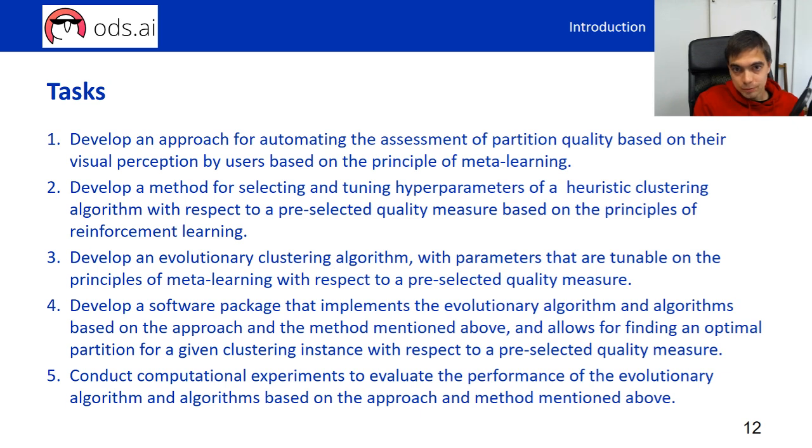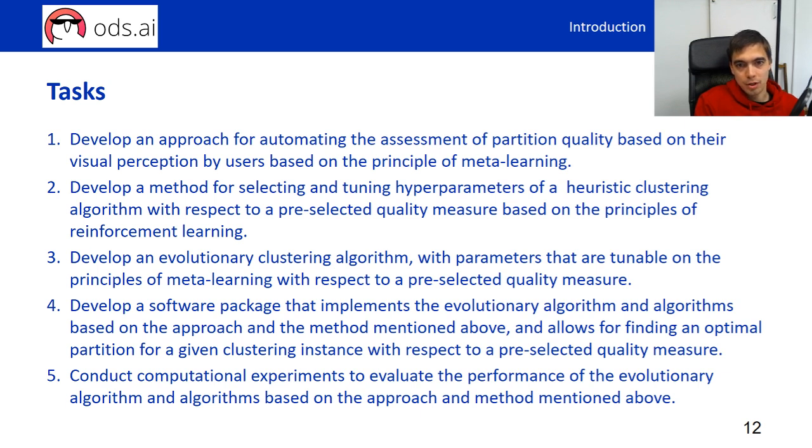Second one, we have to develop a method for selecting and tuning hyperparameters of a heuristic clustering algorithm with respect to preselected quality measure based on the principle of reinforcement learning. The third one, we have to develop an evolutionary clustering algorithm with parameters that are tunable on the principles of meta learning with respect to a preselected quality measure.